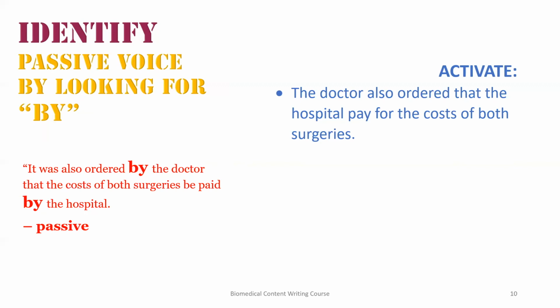Now, this is the passive sentence. In the blue, we have converted the sentence into the active voice. It says, the doctor also ordered that the hospital pay for the cost of both surgeries. So just compare. As a reader, I would like you to think for 1 or 2 minutes: out of these 2 sentences, which one is easier for you to understand?